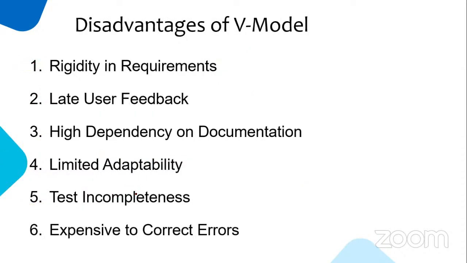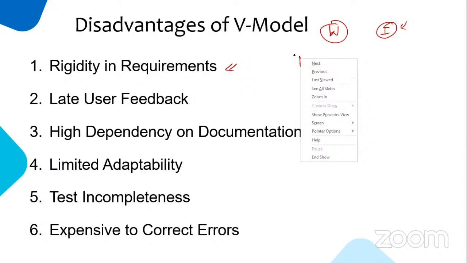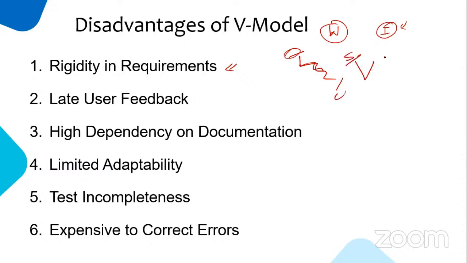And when we talk about the disadvantages, again, it is an iterative model, the change in requirement came, but this is an extension of the waterfall model, right? Still rigid in requirements, because the customer is only at the starting part and the ending part, it means no big feedback.